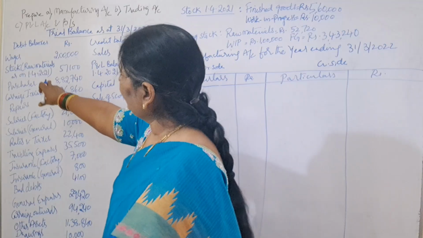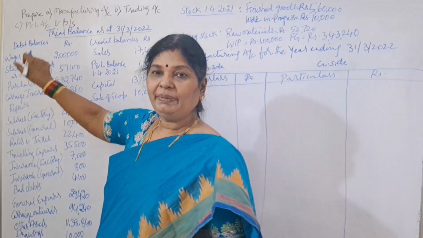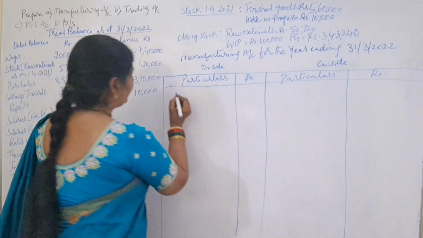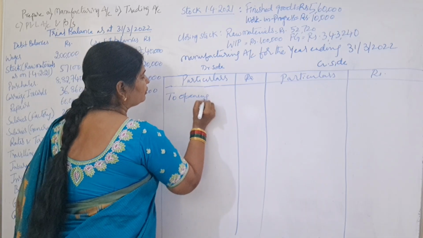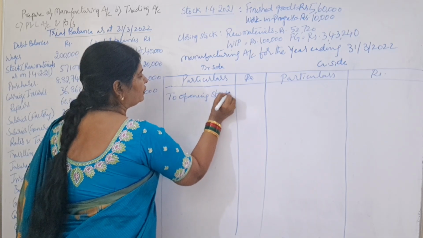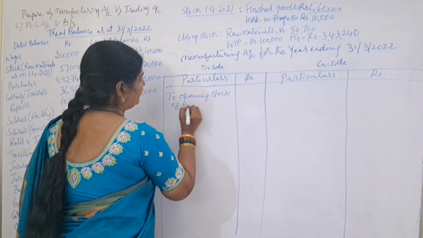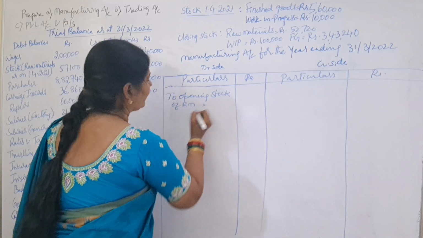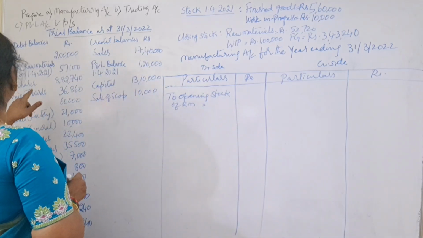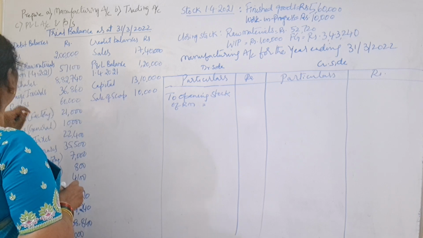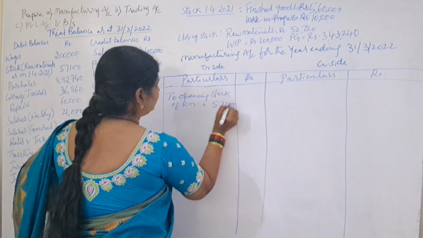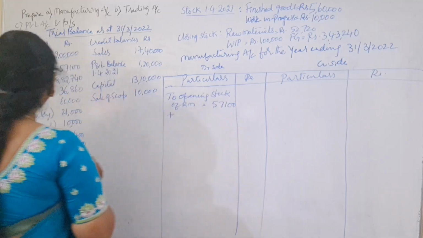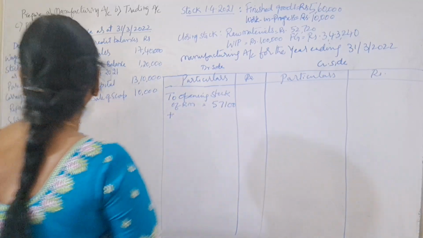So first we'll write to opening stock of raw materials. How much? 57,100. So to this we have to add purchases.